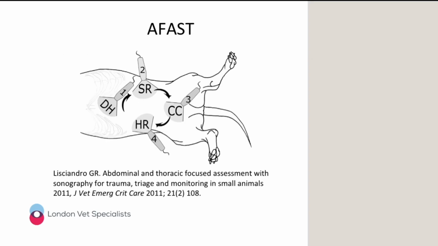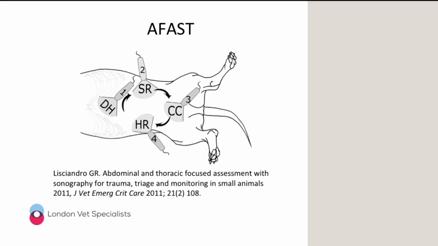So the AFAST examination is a little bit more complicated than just a fluid detection device. If we look back at the literature, to the Journal of Emergency and Critical Care in 2011, we can see that in order to perform an AFAST examination comprehensively, we need to split the abdomen into 4 regions.